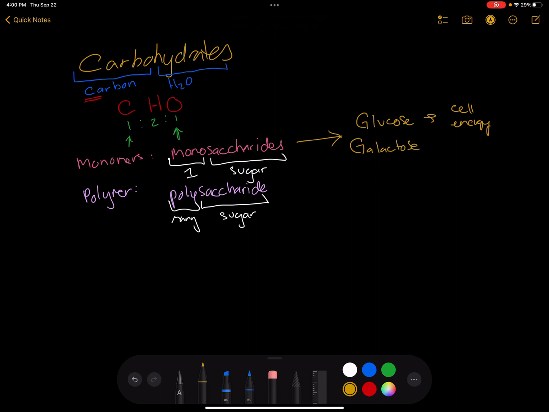You guys probably haven't heard of this one before, but galactose is the sugar in breast milk, which kind of makes sense because right here, the lactose part is where we usually start thinking about milk. And then the third monosaccharide I want you guys to know is fructose. And fructose is the sugar you find in fruits.